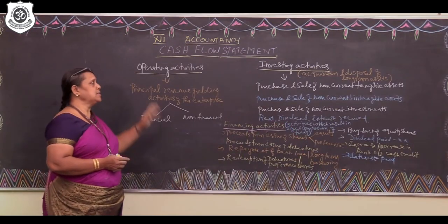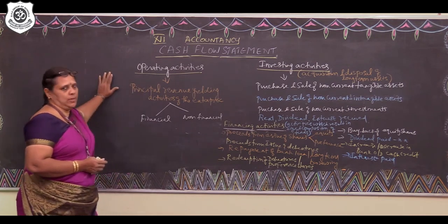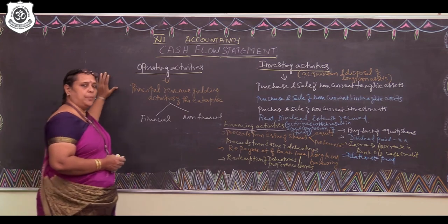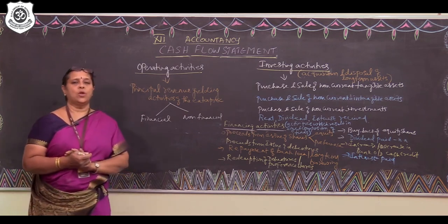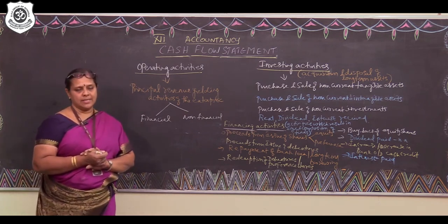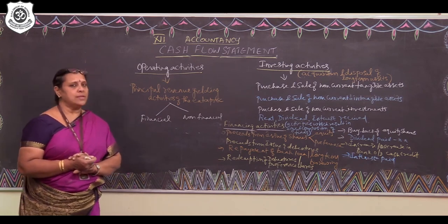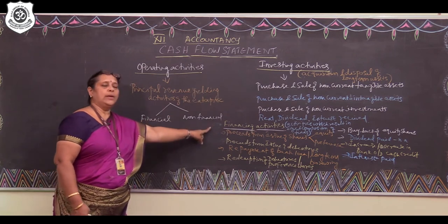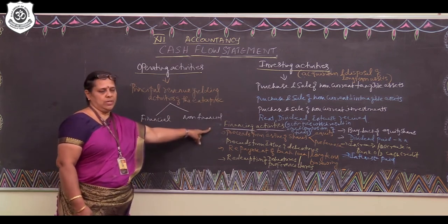Now, we shall be discussing the various activities. We know that cash flow statement is a statement which is prepared to ascertain the inflows and outflows of cash and cash equivalents due to the three major activities, namely operating activities, investing activities and financing activities.